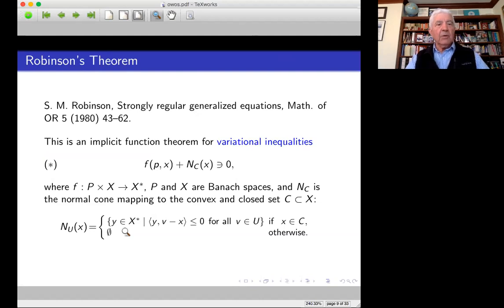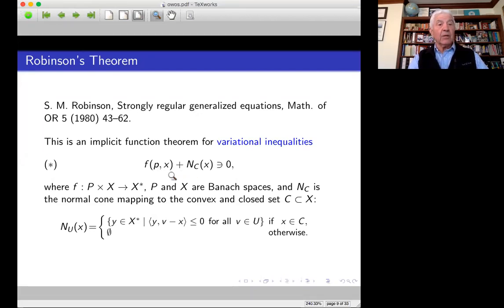Okay, so the breakthrough to fix this strict complementarity slackness in the Fiacco-McCormick theorem came from a very different direction. It came from Steve Robinson, who in 1980 published a paper about the implicit function theorem, but not for an equation, but for a variational inequality involving a function depending on a parameter, and also a set-valued mapping.